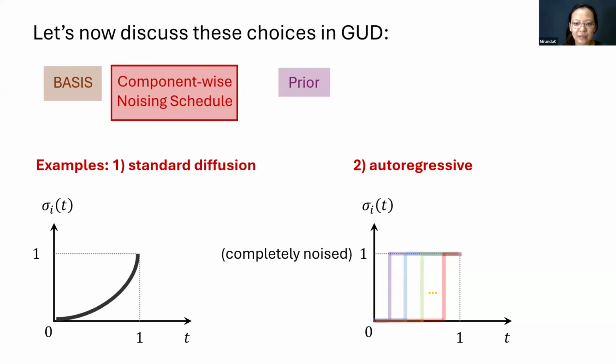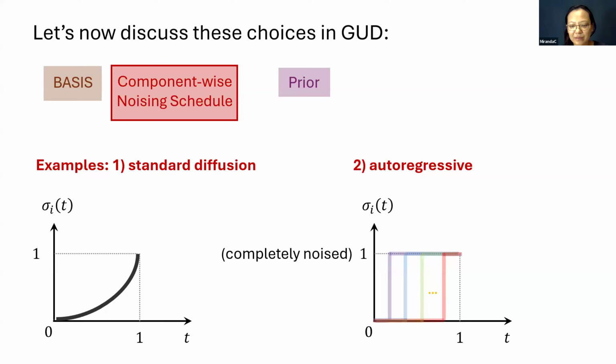Let's look at some examples of different paths you can take. In the standard diffusion, this curve of the noising state evolution is identical for all degrees of freedom, so it's just one curve. You can make things autoregressive by choosing this kind of curve.